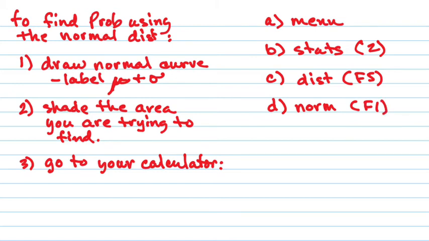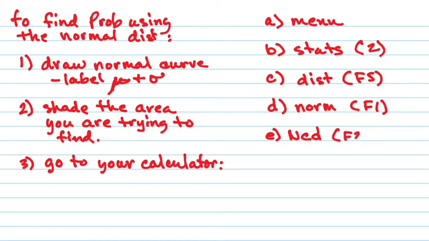Okay? Now, once you hit normal distribution, you're going to have some more choices to make. You're going to see it has NPD, NCD, or inverse normal, INV normal. We're going to use 2 of these in this course. But if you're just looking for probabilities, what you're going to do is you're going to use the NCD.